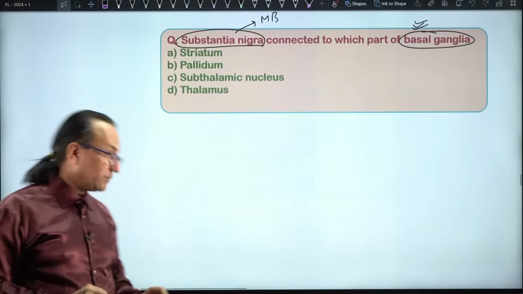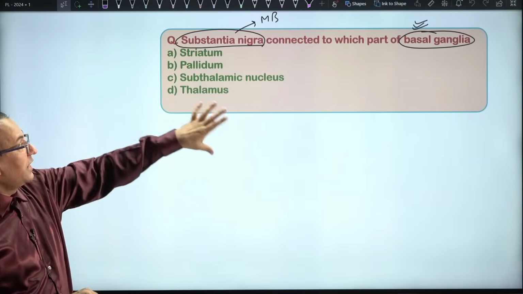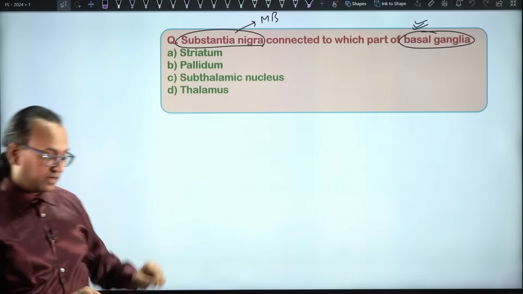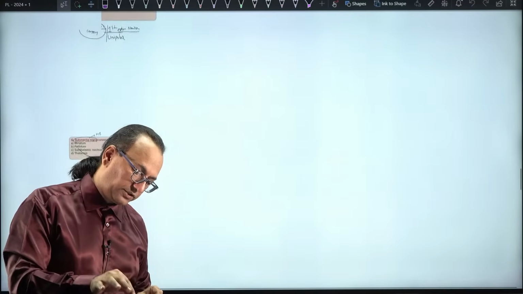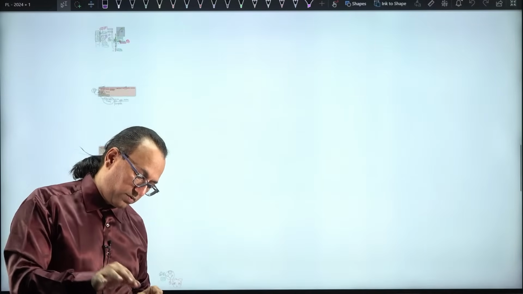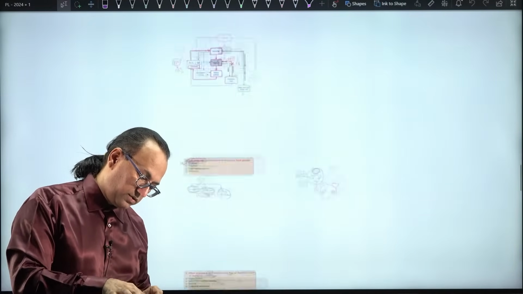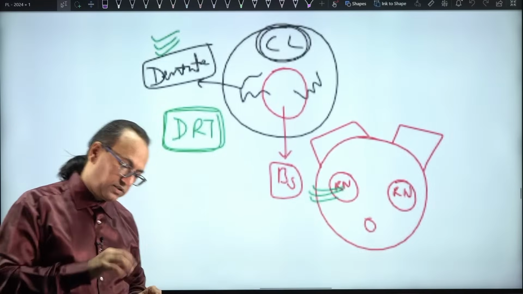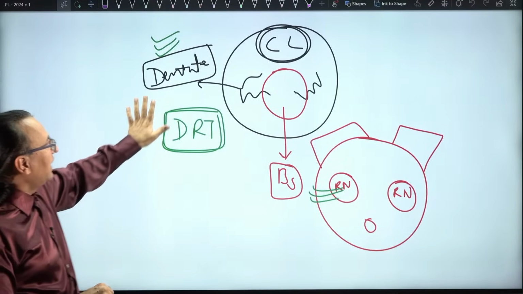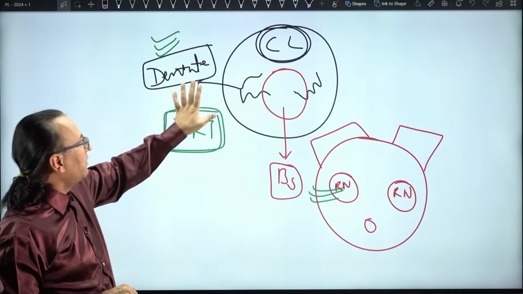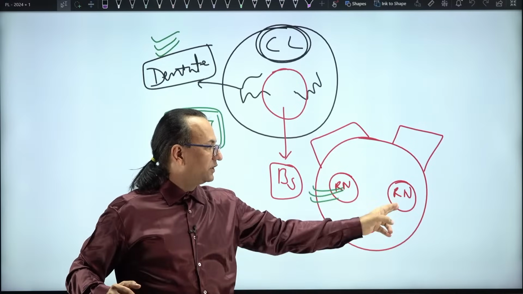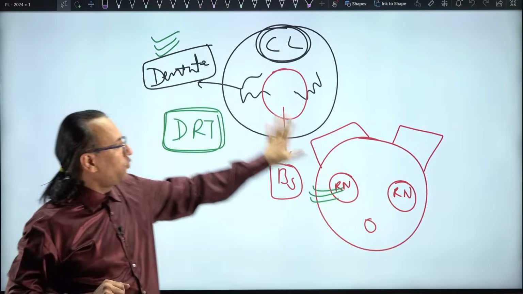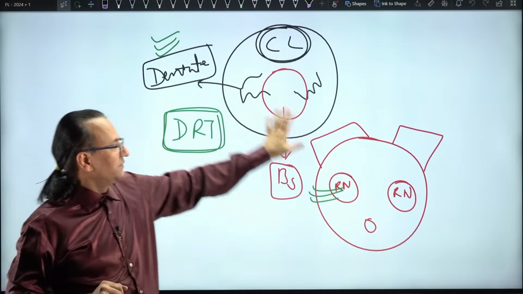Then this question, substantia nigra connected to basal ganglia, but you told me that this was not the question. If it was the question which I borrowed from Dr. Nikita, where the cerebellum diagram was there with the dentate nucleus, and the midbrain diagram with the red nucleus, then maybe they are asking about the dentato-rubro-thalamic tract.